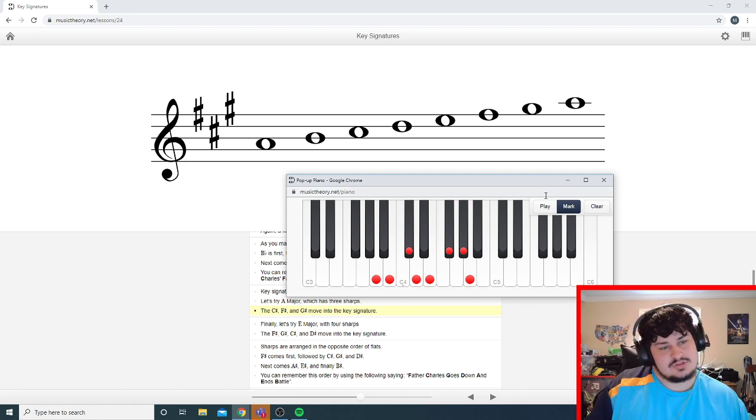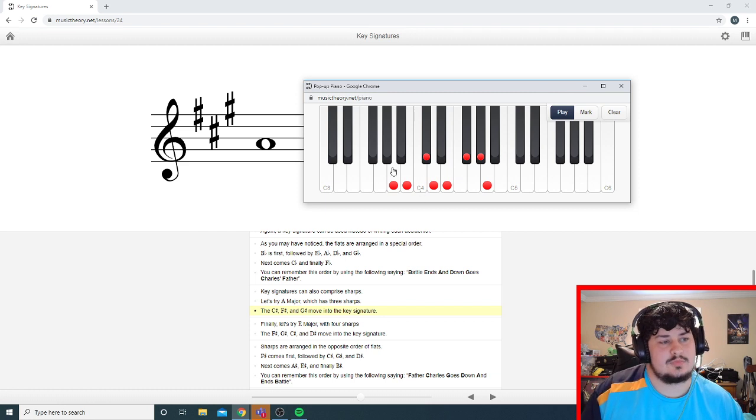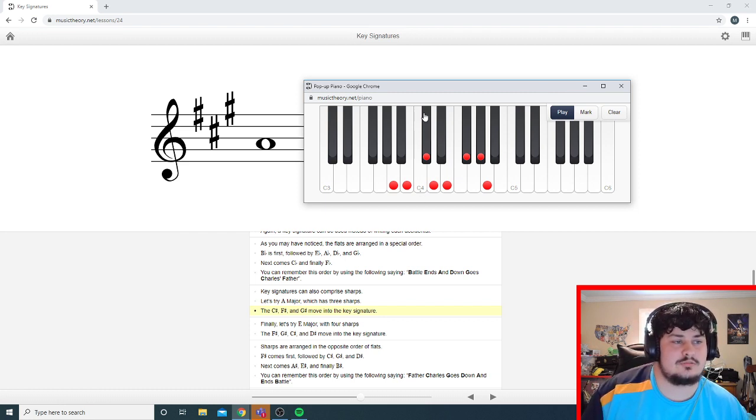You can mark them. You see all the sharps are these black keys.